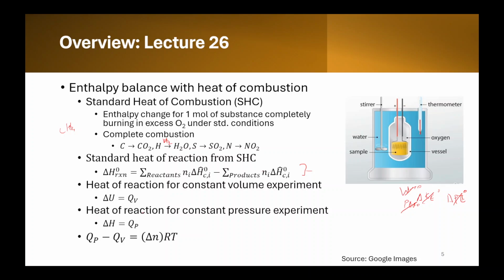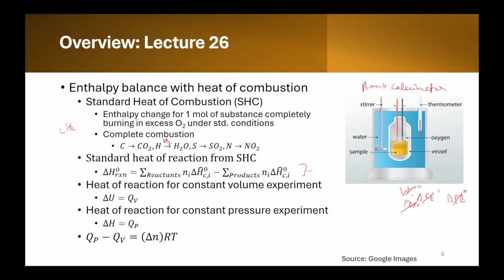And for the heat of reaction in a constant pressure experiment, suppose there is a flow calorimeter, not a bomb calorimeter; there are other calorimeters as well.